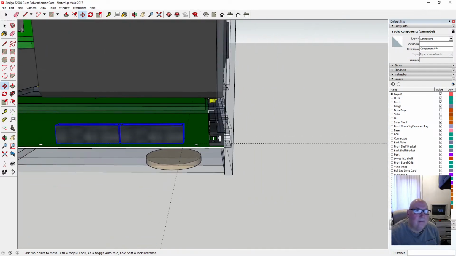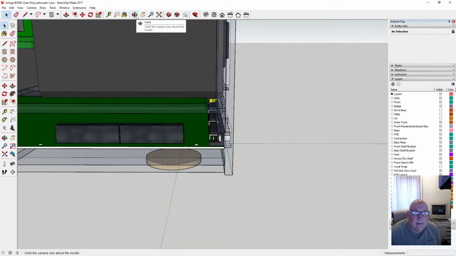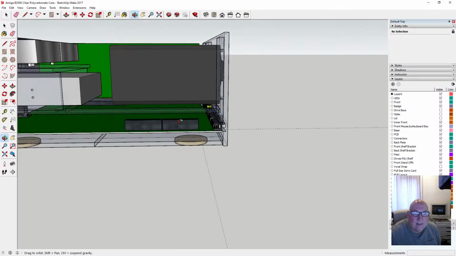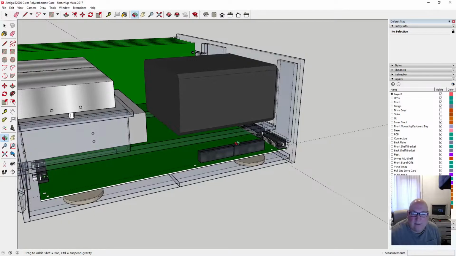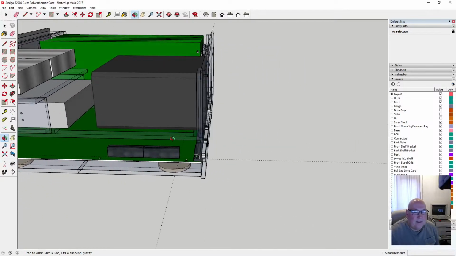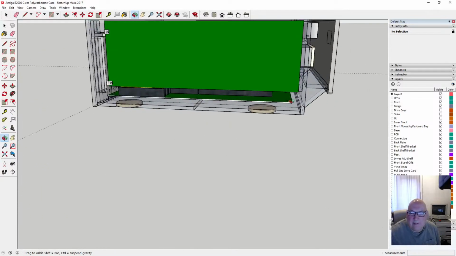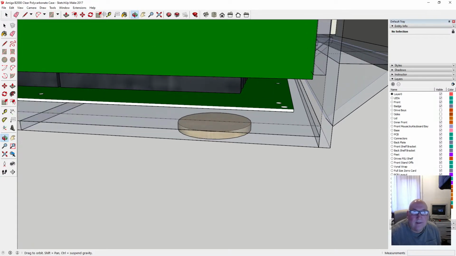Okay. Right, so there's our slot for our graphics card. So we need that to work out where the slot's going to go. Let me just make sure I did the same as this. My memory's rubbish. Yeah, 33.5.